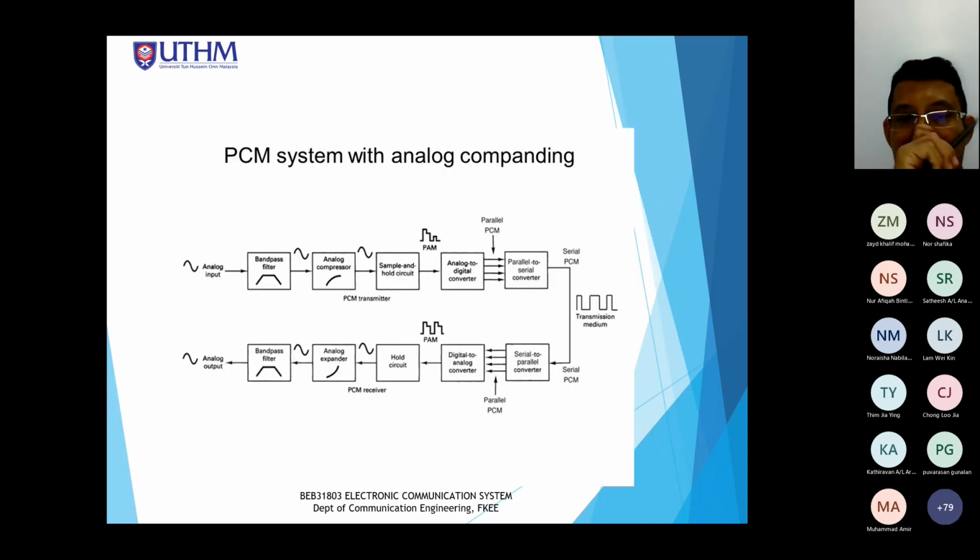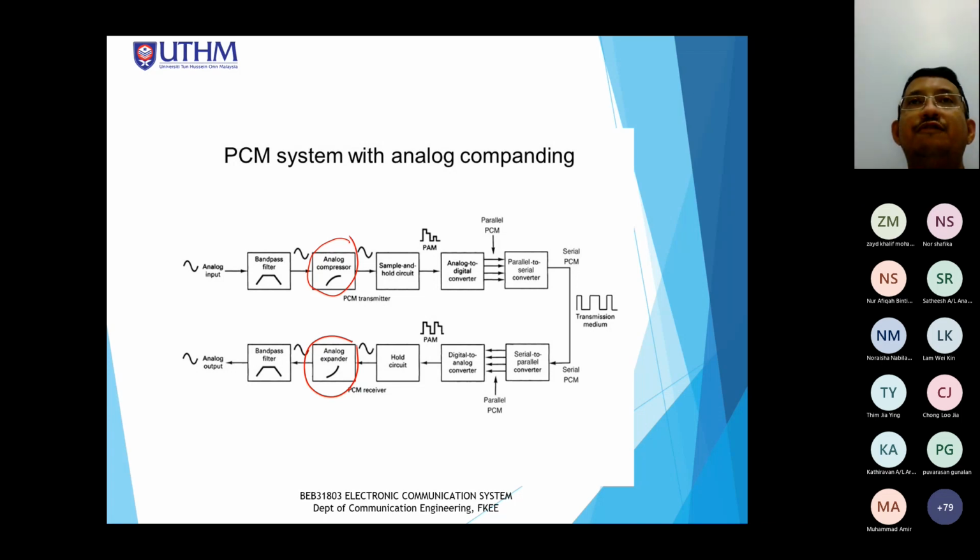This is also the PCM system, the same as previous. The difference is that we have a companding process here, analog compressor and analog expander, which will do the process of non-uniform quantization.